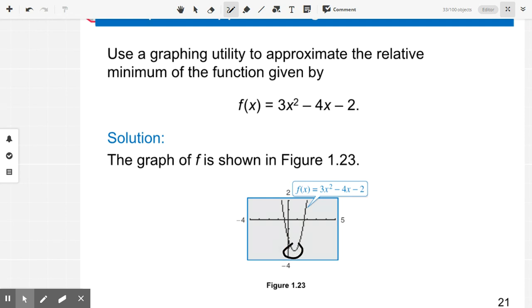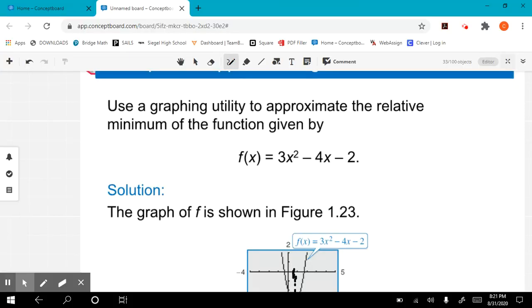All right. Now, if I'm just looking at this graph right here, it's going to be kind of hard to estimate, because the x value looks like it's right about here, and I'm not exactly sure where that is. Okay, but I believe, let me pull up my calculator.